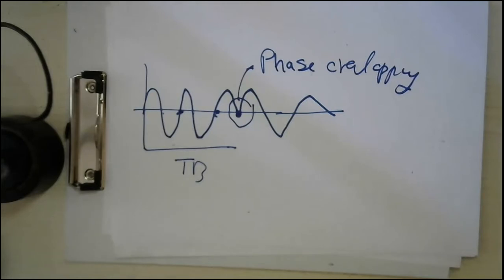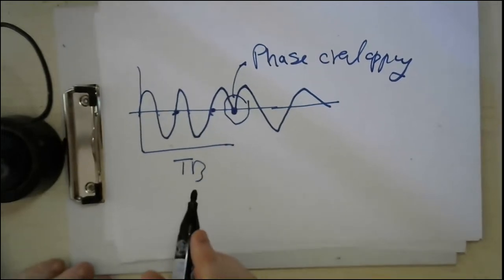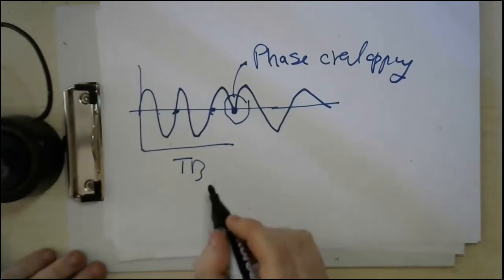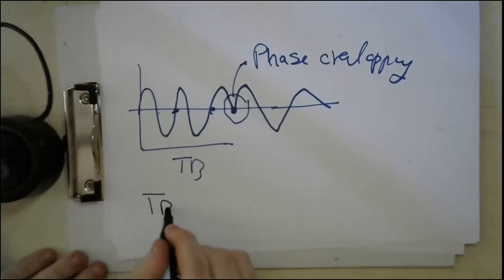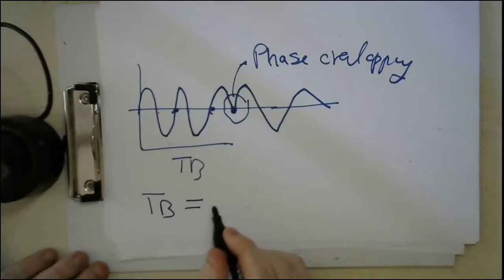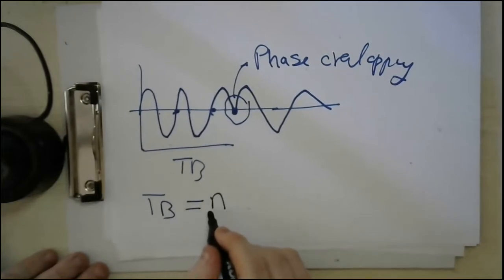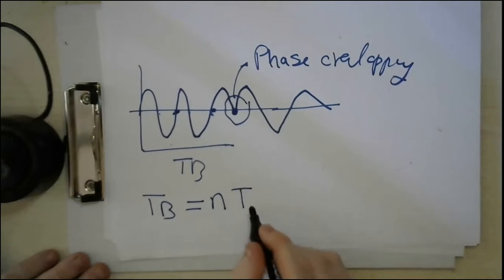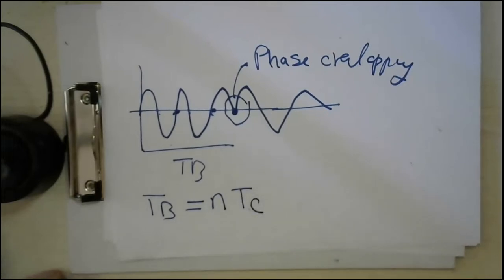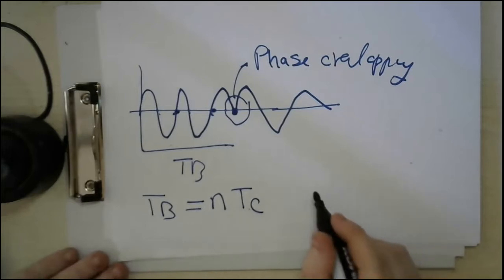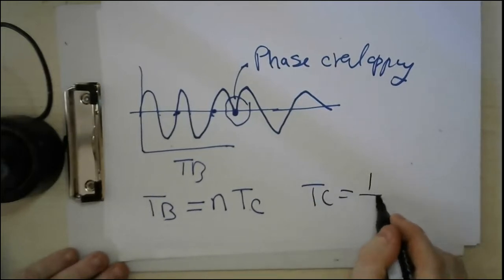In order to guarantee that there is coherency in the frequency modulation or frequency shift keying, you have to guarantee that this TP is an integer multiple n of TC. What is TC? It is 1 over FC.